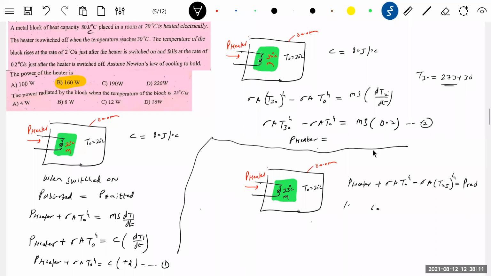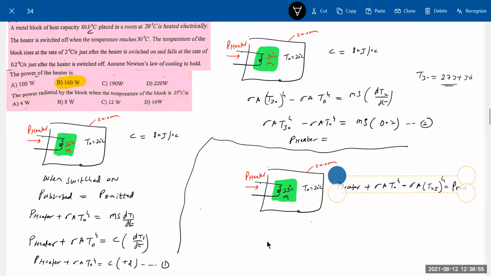I wrote it earlier. You have to solve these equations, and if you give the answer, I'll proceed.